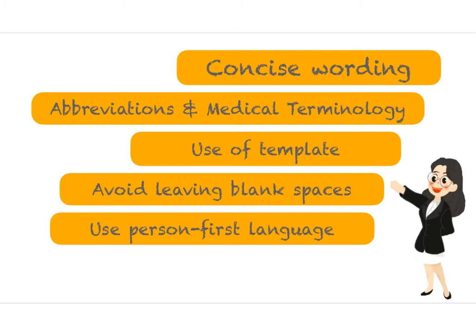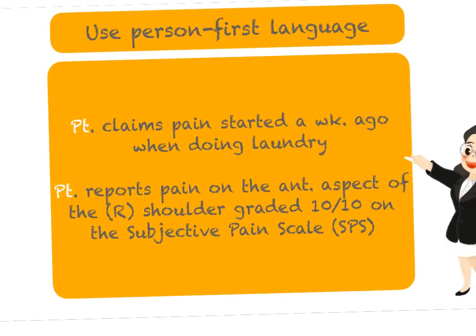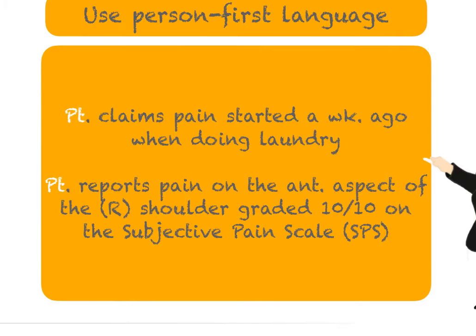Next thing that you need to consider is the use of person first language. What is person first language? If you take a look at our example, notice that each finding starts with patient. Patient claims pain started a week ago when doing laundry.